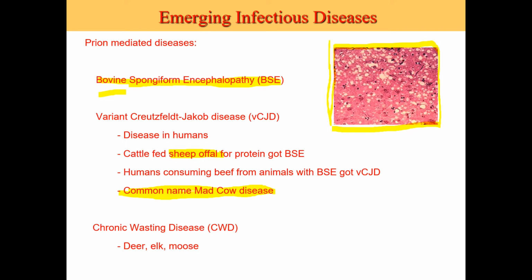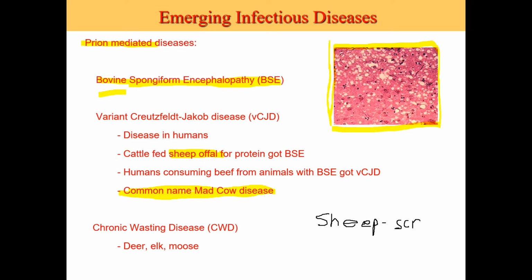And in sheep, there is a prion-mediated disease called scrapie, and I'll talk about this in more detail later in the course. It causes spongiform encephalopathy, and the disease is called scrapie.